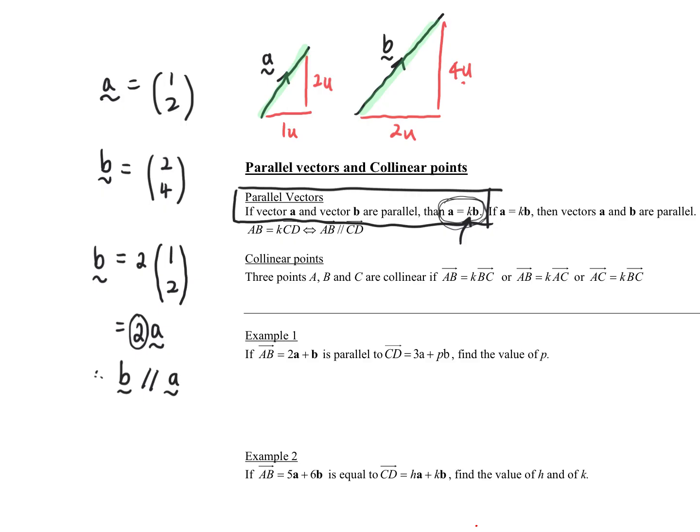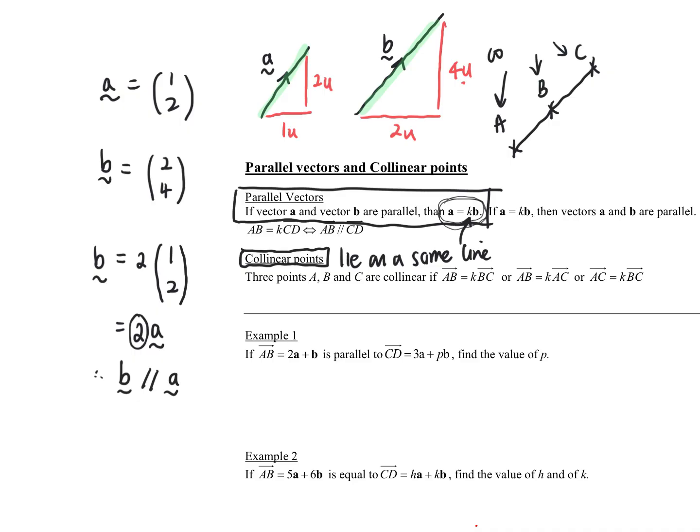So if I say 3 points are collinear, collinear means lie on the same line. So if I have 3 points, A, B, C, all lying on the same line, I call them collinear points. So when they are collinear, they must be parallel to each other.